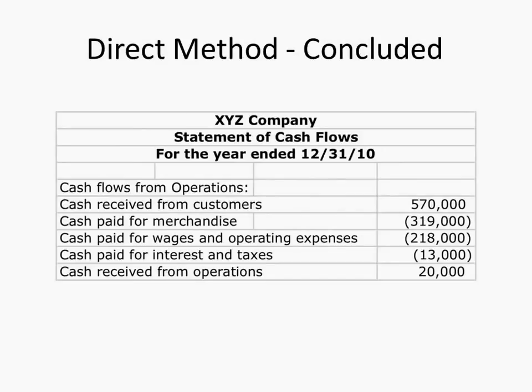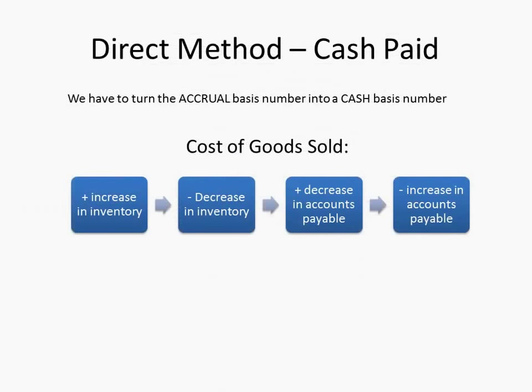So looking at the formula, we can get to $319. Let's figure out what happened. Cost of goods sold for the period is, theoretically, the inventory that you sold. So you always start with that number. If inventory went up, that means in addition to what you sold, you also bought more inventory.